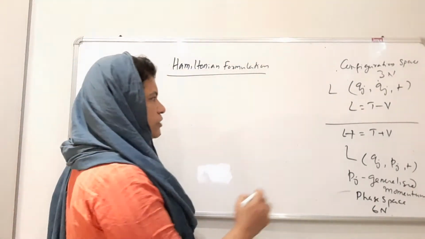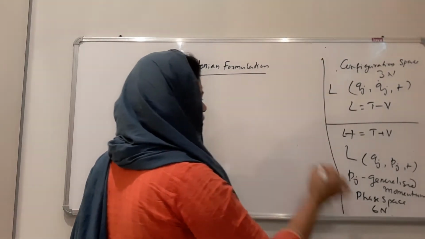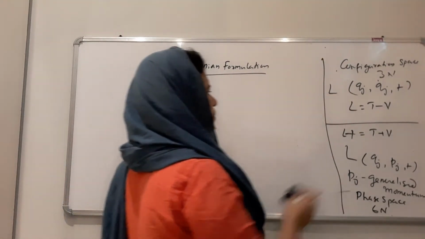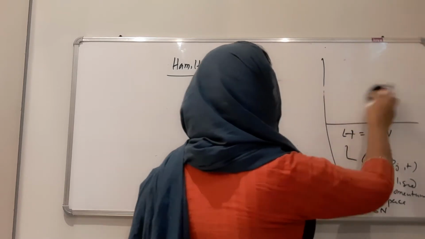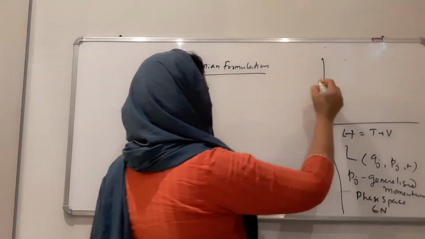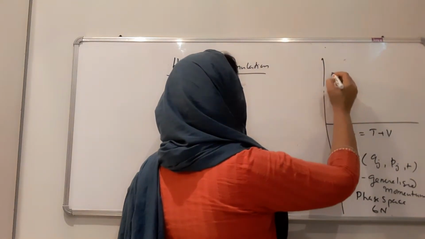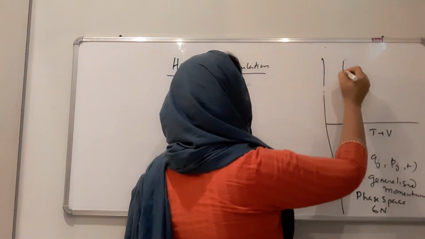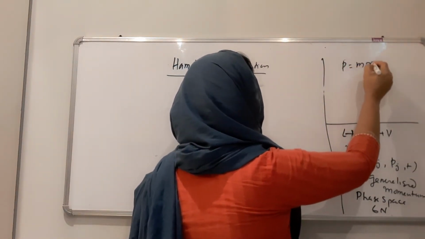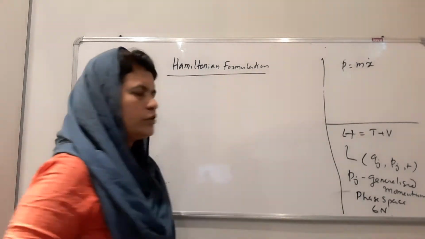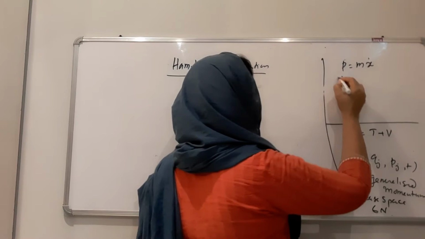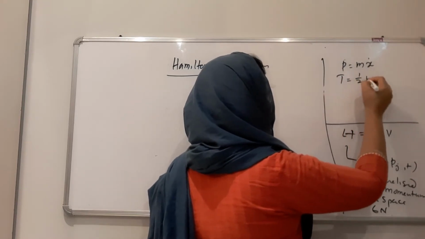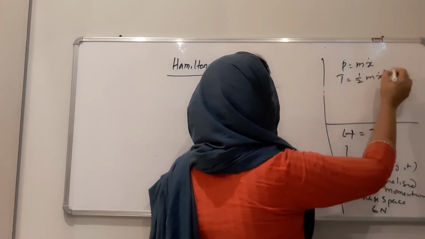And what is pj? Consider the equation: momentum is equal to m into v, or m into x dot, and kinetic energy T is equal to half m v square, or half m x dot square.